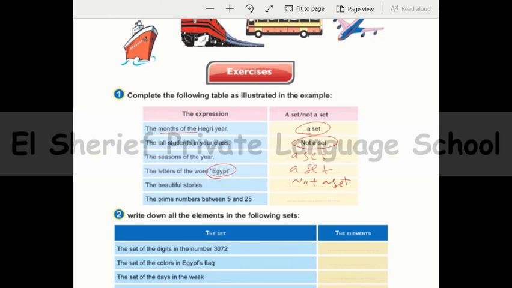The prime numbers between 5 and 25: all of us say 7, 11, 13, and so on. So this is clearly defined, so this is a set.